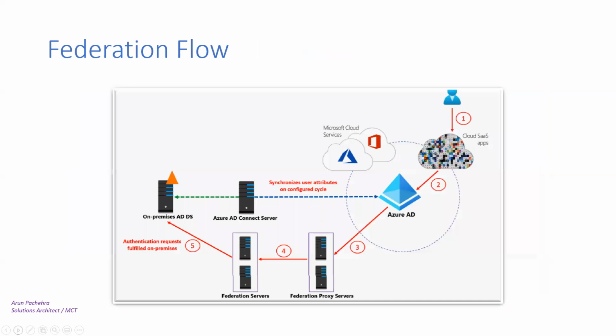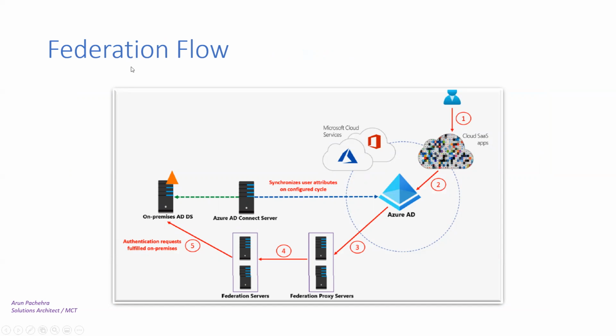Now, let's see the federation flow. For those organizations that may not be able to implement PHS, as I said when I was ending the previous slide, due to compliance requirements on password hash storage, an option that they can implement is federation.